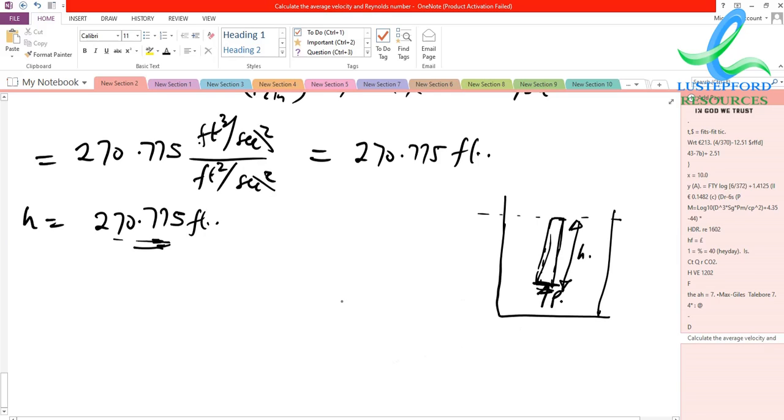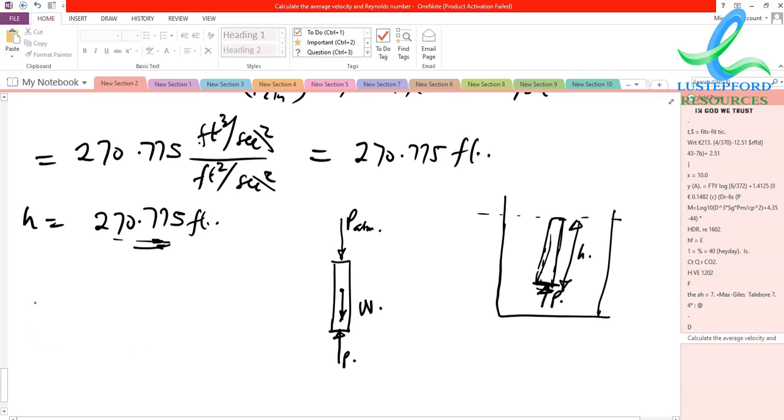Now let me draw a free body diagram of that condition. We're looking at pressure here. Now there is an atmospheric pressure on the top. Then there is the weight of the material.